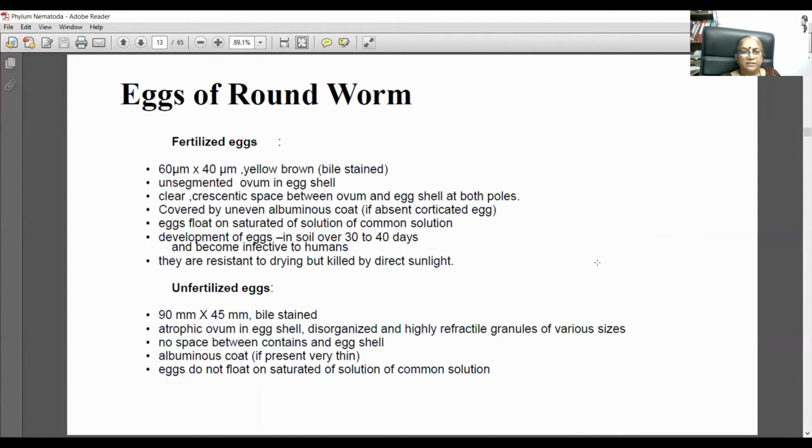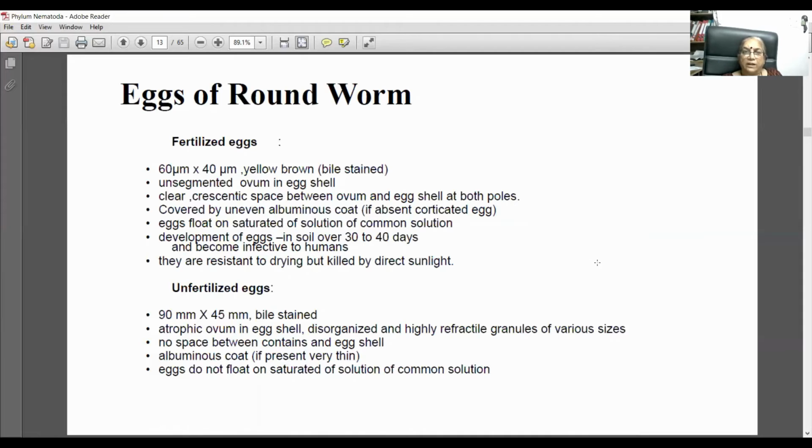The albuminous coat, if present, is very, very thin. Even the eggshell is very, very thin. And these unfertilized eggs are not going to float on the saturated solution of common salt. This is how you are able to distinguish between the fertilized and unfertilized egg. Two things are there on which you can make out which it is.